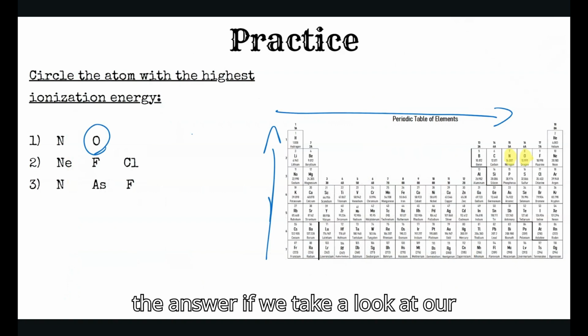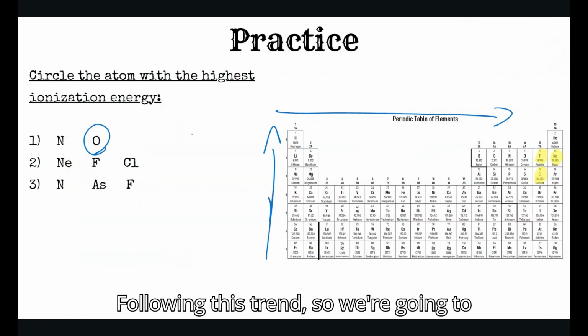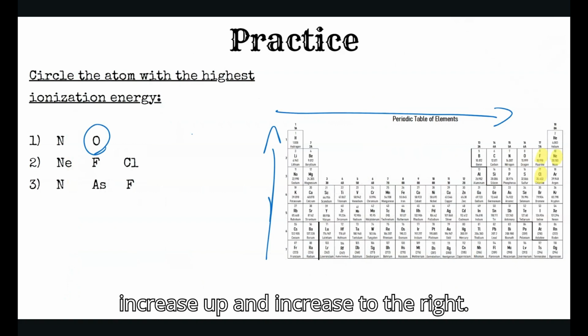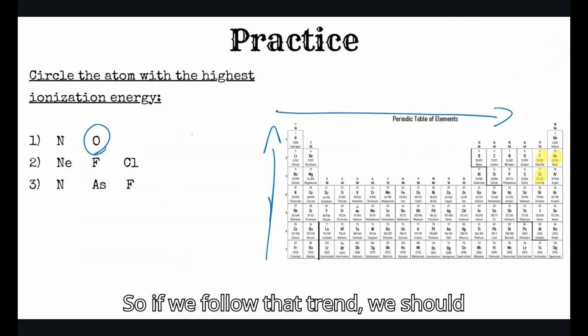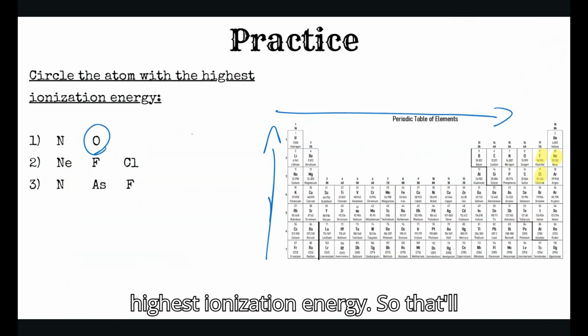If we take a look at our next one, we have neon, fluorine, and chlorine. Following this trend, we increase up and increase to the right. So if we follow that trend, we should notice that neon is going to have the highest ionization energy.